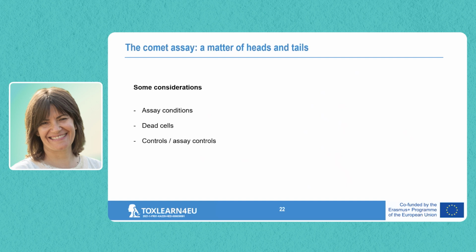The agarose can be very dense or totally the opposite. You can use 1% agarose, you can use 0.4%. The DNA will migrate easily in a 0.4% gel. So this is something to keep in mind, that the assay conditions sometimes determine the results. That's why there is a lot of standardization going on. That's why we published this paper in Nature Protocols, to try to make people use the same protocol so we can compare the results.